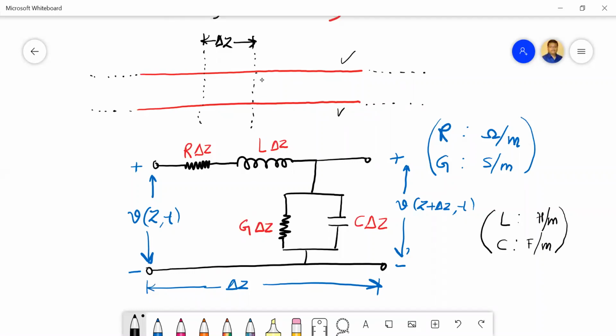Similarly, the losses offered by the dielectric we are supposed to put in shunt, because mainly we are dealing with the shunt elements here. Now, if you talk about the series elements, so along the wire, when the current flows, it will experience the resistance, and this resistance is nothing but offered by this metallic wire, ohmic losses.